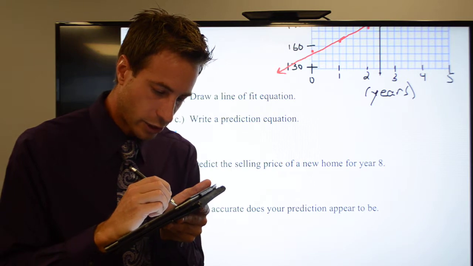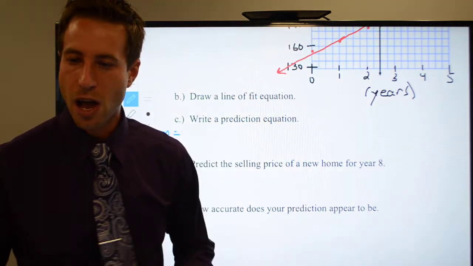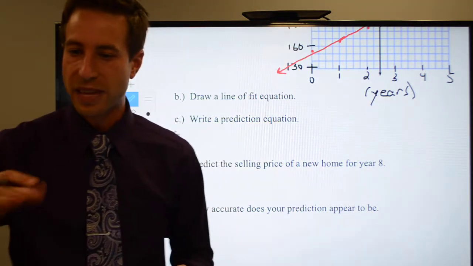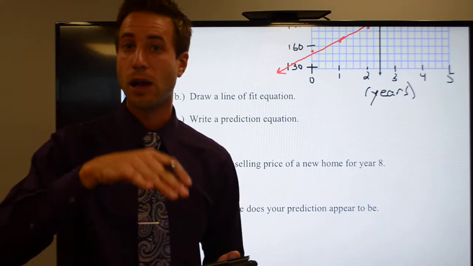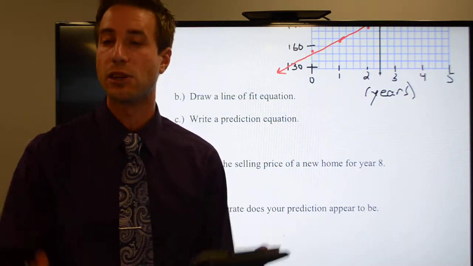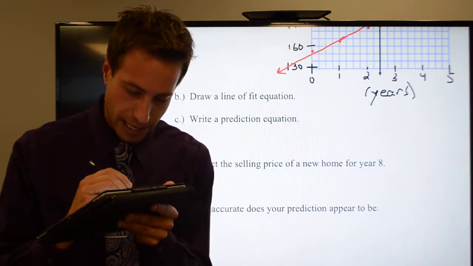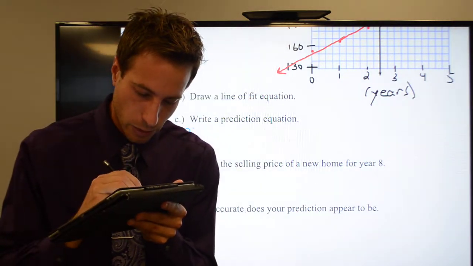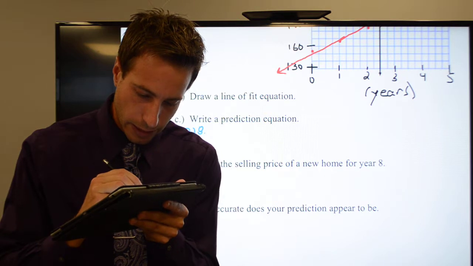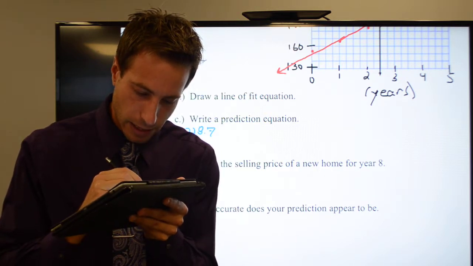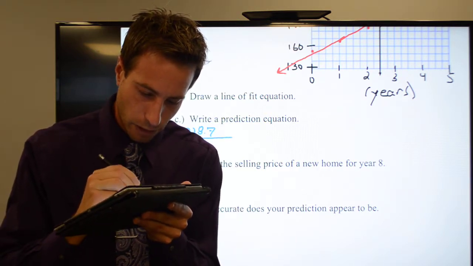All right, according to my data set, in year 4, the average price of a privately owned single family home was 228.7. Just check up there in the data set. So 228.7. That was in year 4.